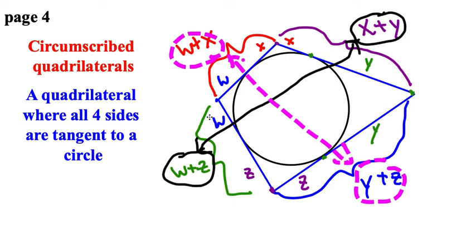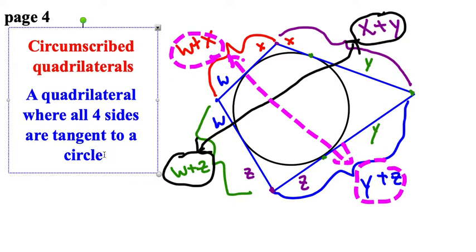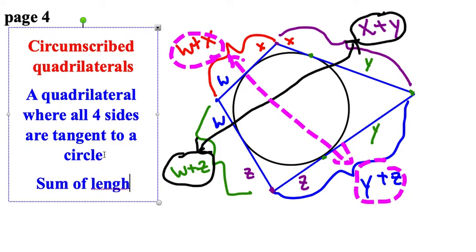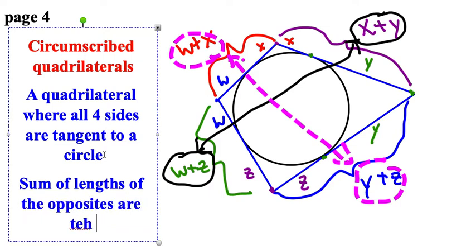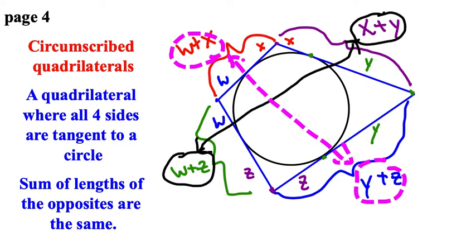Now this will make some sense once we start taking a look at some examples, but the key thing to take away here is that when you have a circumscribed quadrilateral, the sum of the lengths of the opposite sides are the same. Like I said, this will make a little bit more sense when we start looking at some examples.